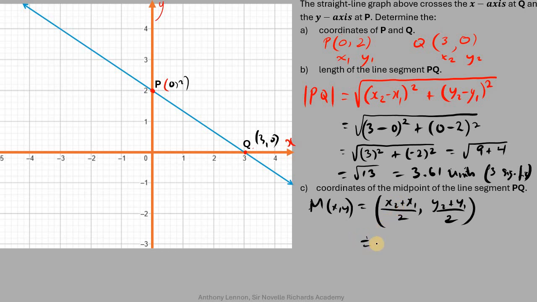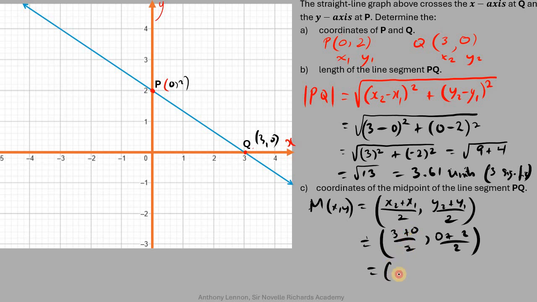And let's substitute. X2 is 3. X1 is 0. Divided by 2. Y2 is 0. Y1 is 2. Right? We're using these points, right? And divide by 2. So we're going to get 3 plus 0 is 3.